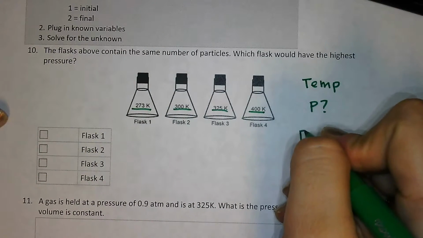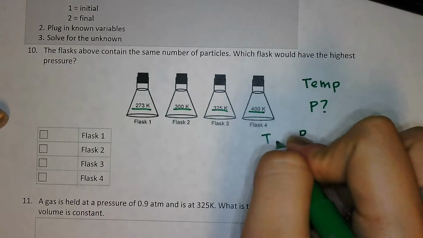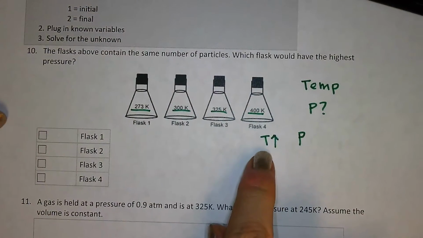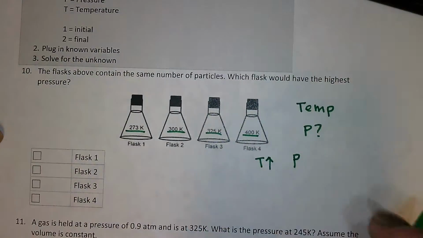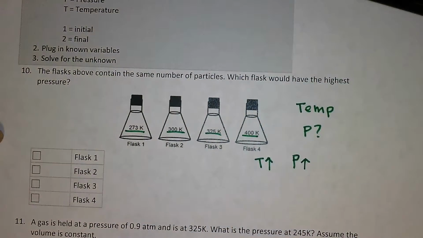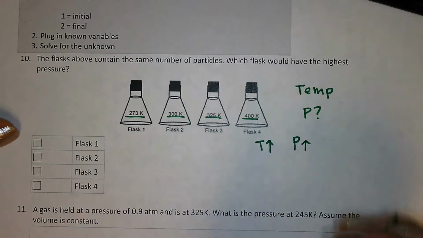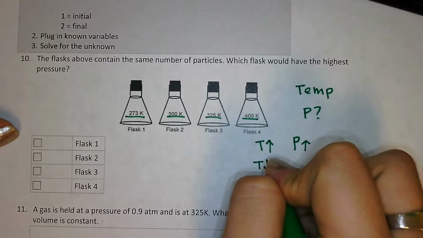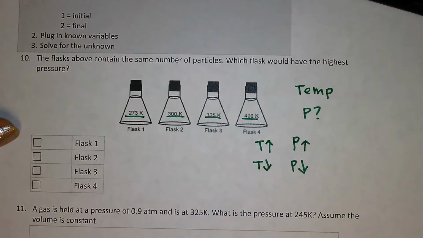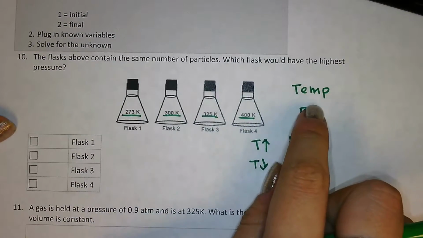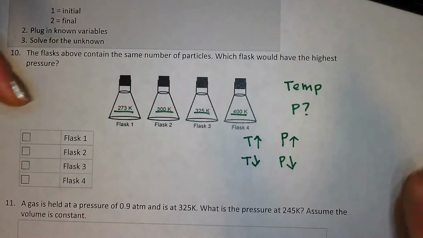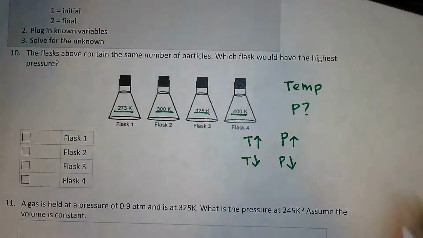You can either know that the relationship between temperature and pressure is directly proportional, meaning they will do the exact same thing. If temperature increases, pressure increases. If temperature decreases, pressure decreases. Or you can just remember that the hotter something gets, the crazier the particles are moving around.